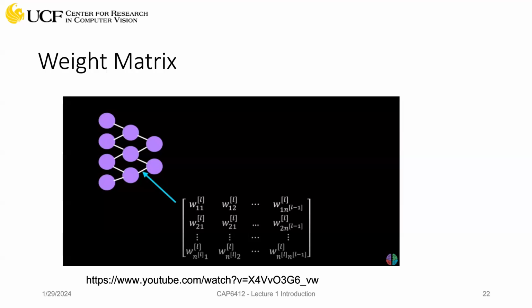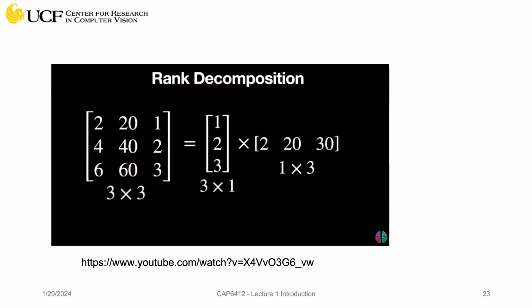You initialize the weights randomly, but you learn them by minimizing the loss function. So this is a matrix. Now you can take a matrix and decompose it into two matrices. This is an example, 3x3. You decompose it into these two matrices and when you multiply these, you will get the matrix on the left.